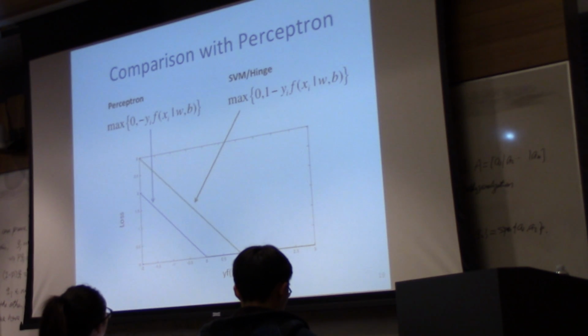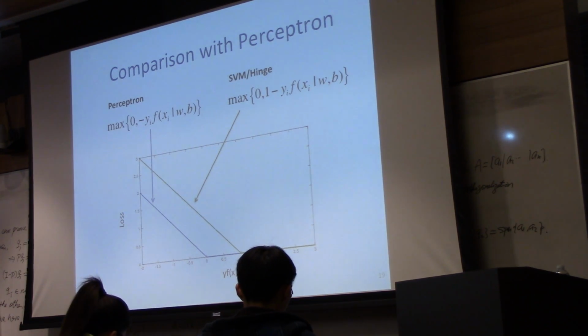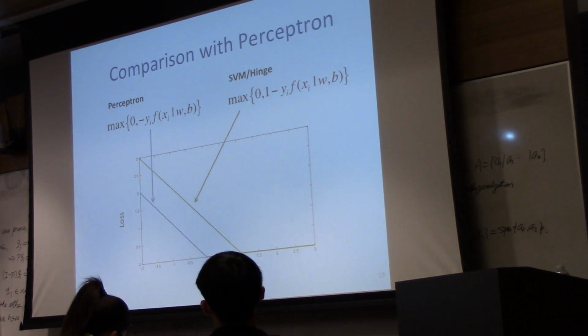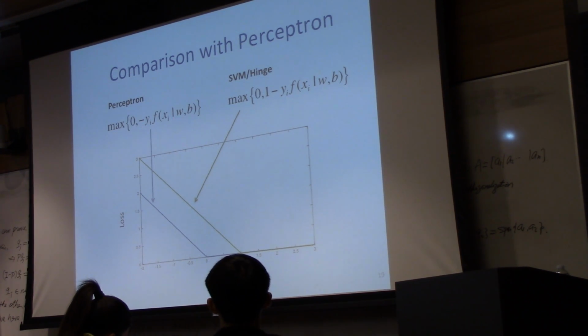In the previous lecture, we also talked about what loss function the perceptron is implicitly optimizing in its learning algorithm. Recall that the loss function looked like this, and it's actually very similar to the hinge loss. The only difference is that the hinge loss requires a margin. You have to be confident of the correct prediction beyond a certain margin, otherwise you incur a loss, whereas the perceptron does not enforce that.